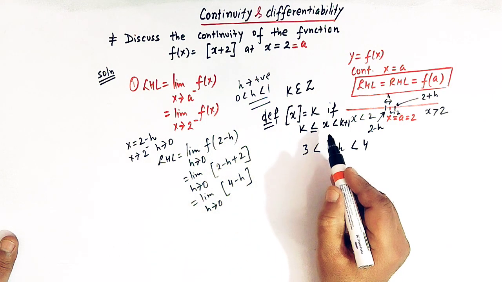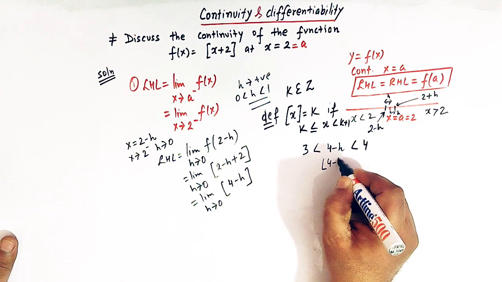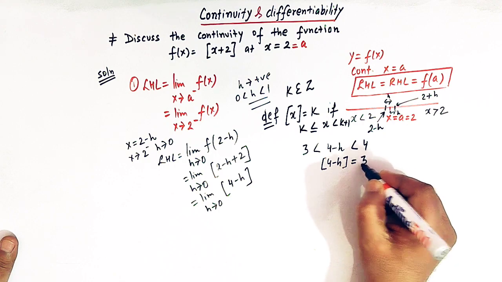So from the definition of the greatest integer function, the greatest integer of 4 minus h should be equal to 3, right?